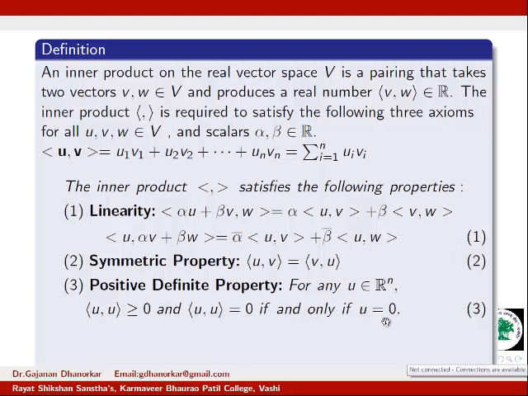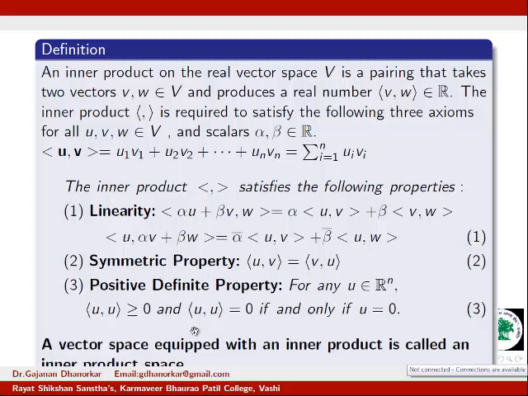Means if all these three conditions are satisfied, then this inner product equipped with this vector space is called an inner product space. Defining this inner product on our given vector space, this is called an inner product space.